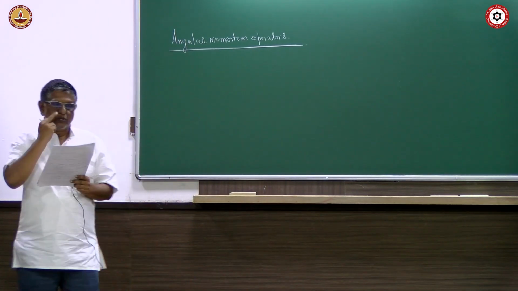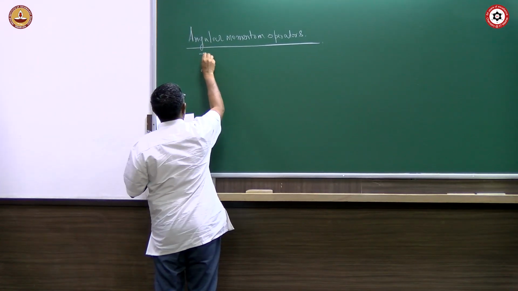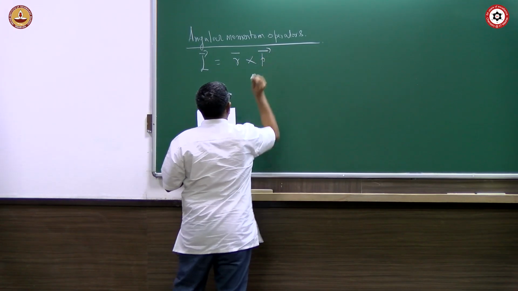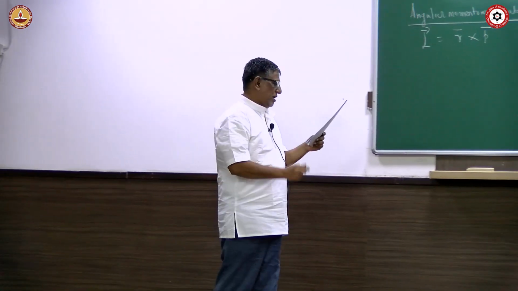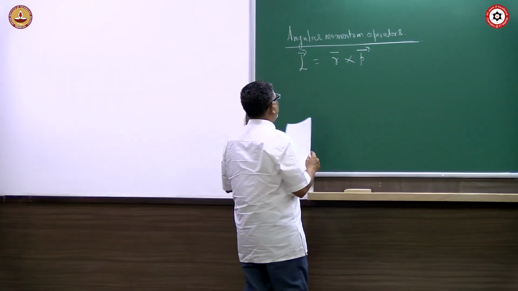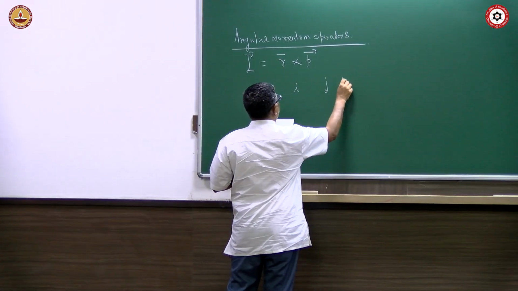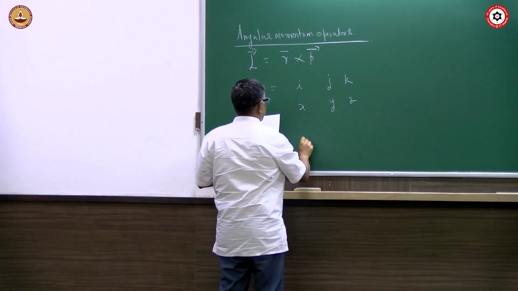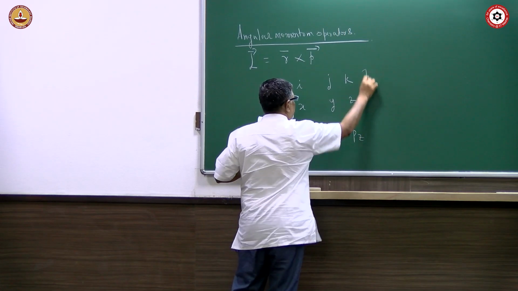Right. So we wrote the classical expression that L vector equals r vector cross p vector. It's a vector product, right? I think we derived this on that day. This is equal to the determinant of i, j, k, x, y, z, Px, Py, Pz.